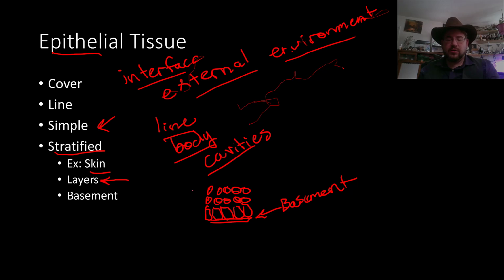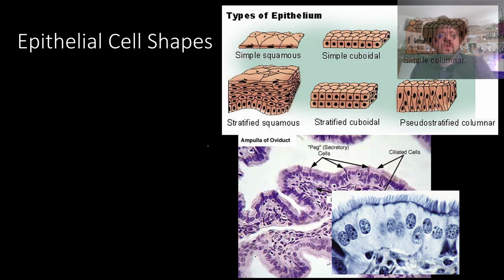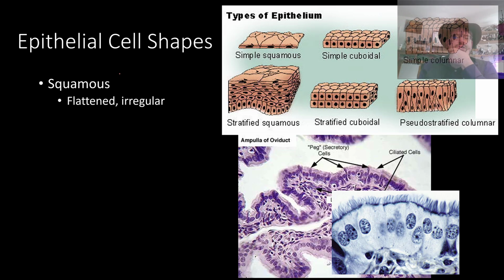So we have our layers and our basement connecting it to other tissue types. Put in some weird shaped cells because at the top it's all weird compressed flattened cells. Anyway, there are some various different types of cell shapes when it comes to epithelial tissue.